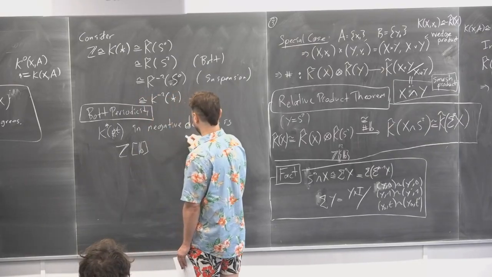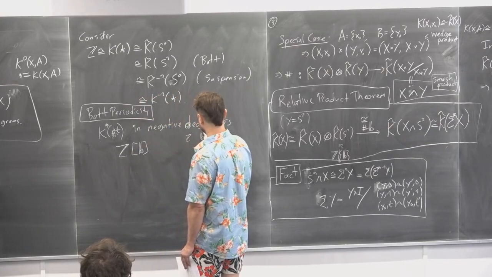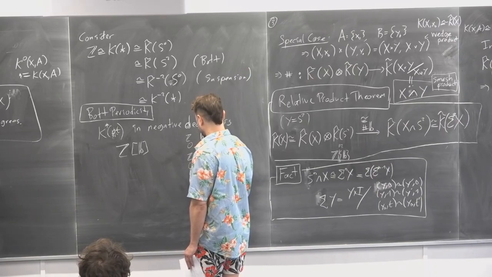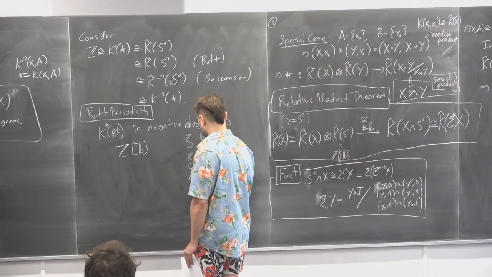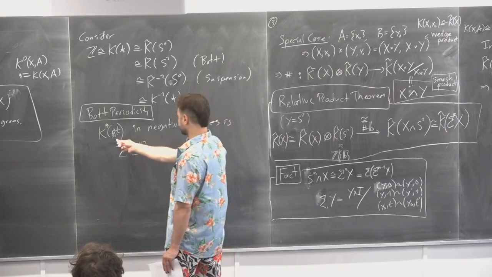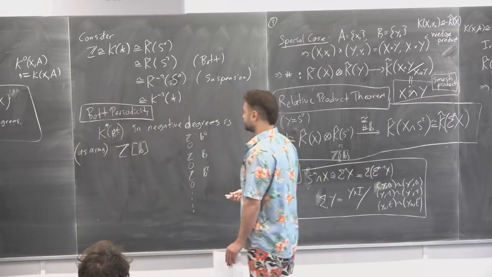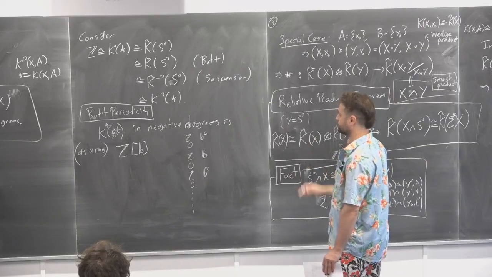So in degree 0, you have a Z, which is b to the 0. Then you find a 0, and then b. Then you find a 0, and then b squared, and so on. So as a ring, the negative degrees give us this.